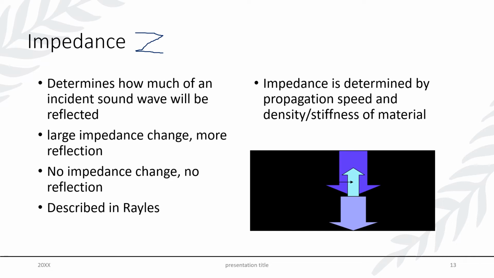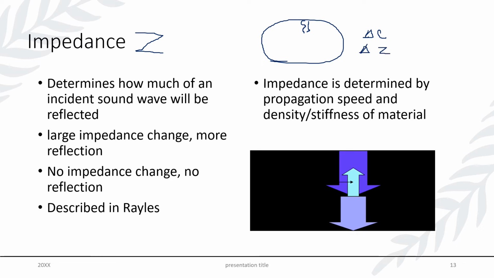Impedance in the body really refers to our soft tissue, or any change in tissue impedance or resistance to the movement of sound waves through it. So if I have a sound wave coming in, and we already talked about how a change in propagation speed of a sound wave would cause a reflection, well, if we take that one step further, any change in impedance is going to cause a reflection.